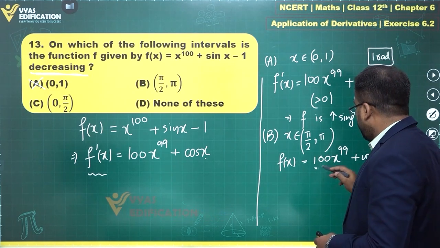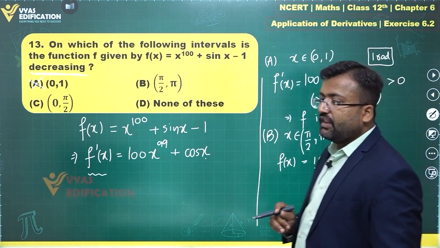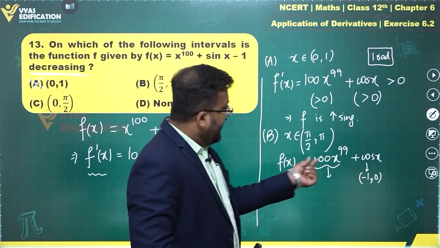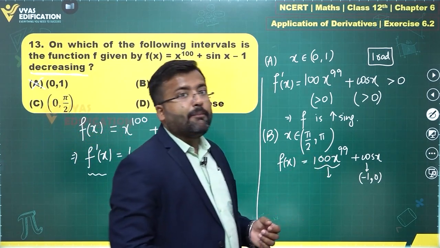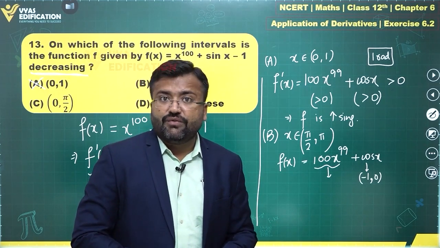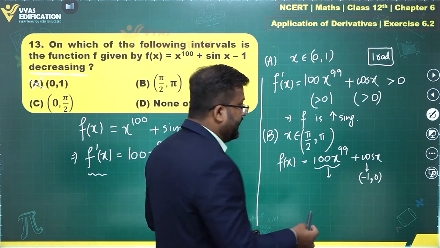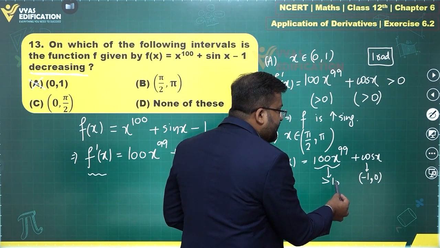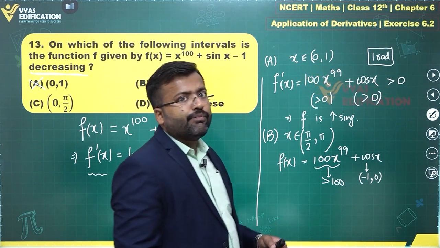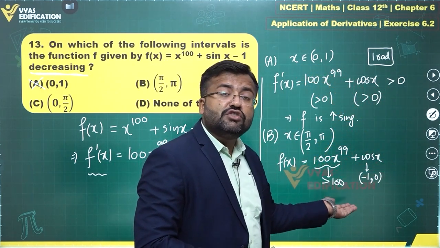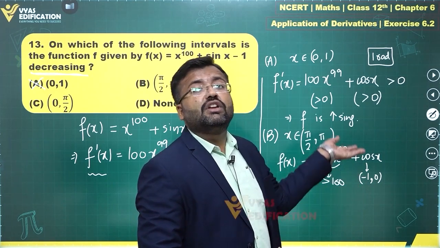That's one thing. What about this other value? If we take a look at 100x^99, what will this value be? x is greater than pi/2, and pi is 3.14, so pi/2 is 1.57, which is greater than 1. Greater than 1 multiplied by 100, this quantity will anyway be greater than 100. Even if you add minus 1 to this quantity, it would be even greater than 100.